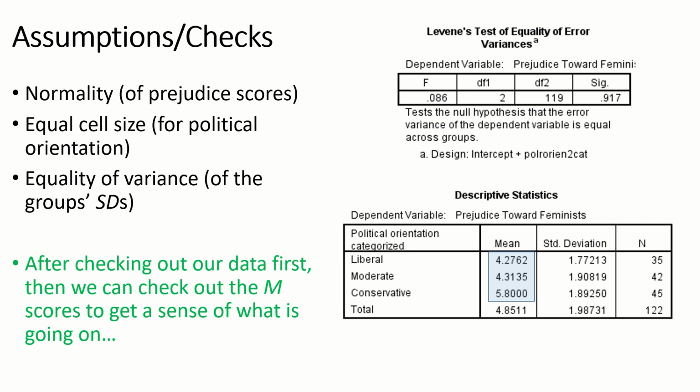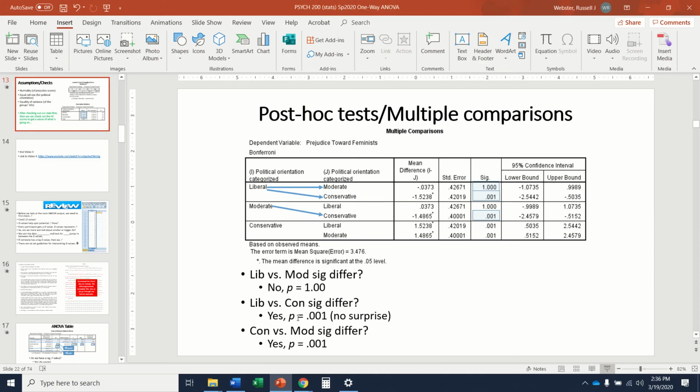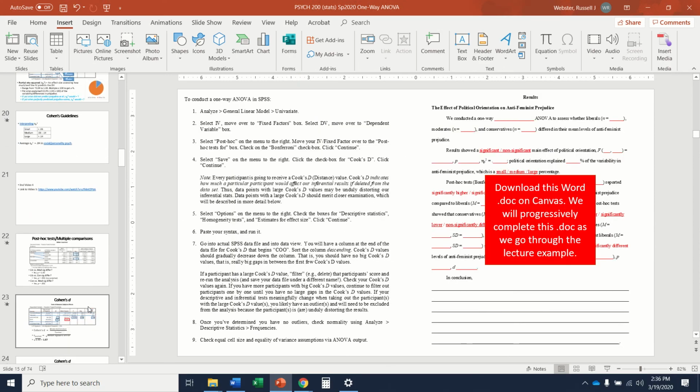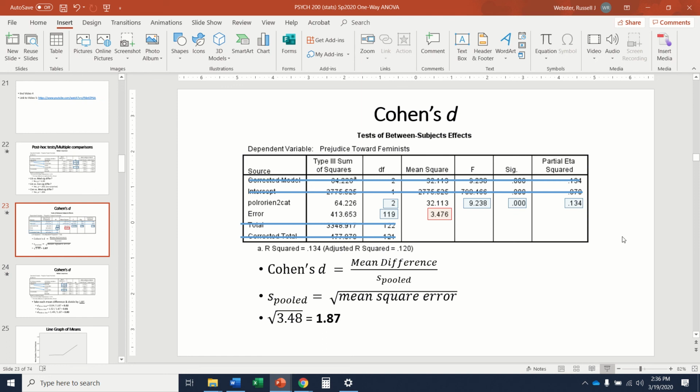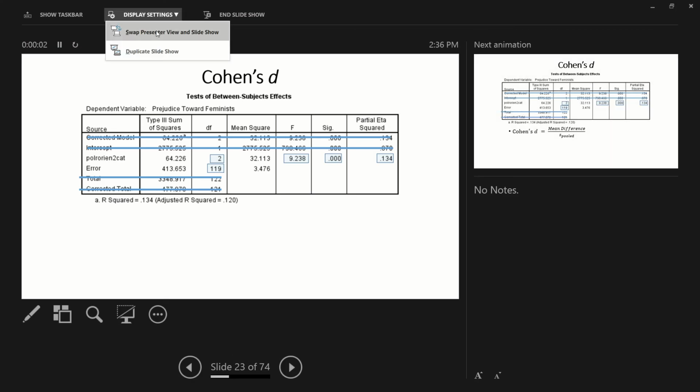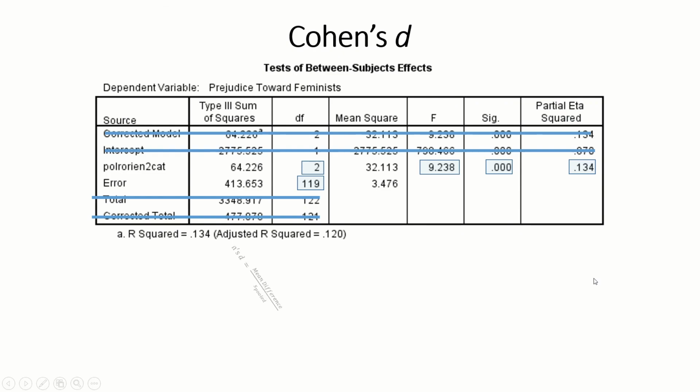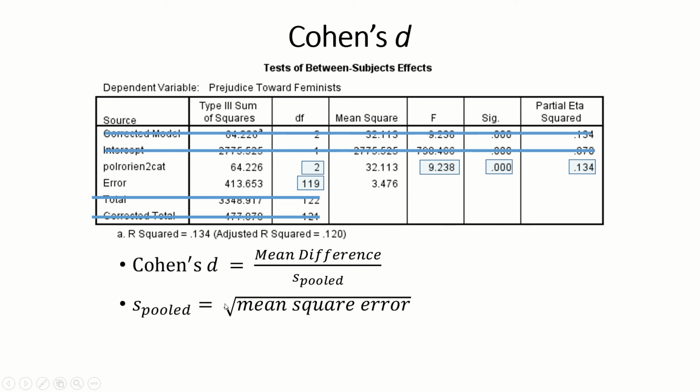Luckily enough, there's a really easy way to calculate S pooled using the ANOVA table. So we're going to move forward back to our slide. Bam. There's a really easy way to calculate S pooled from the ANOVA table, the between subjects effects table, and that is to take the square root of the mean square error.